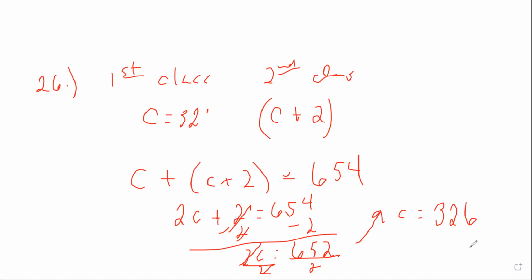If my first classroom is 326, I add 2 to that number to get to the second classroom, which is 328. So there are my two classroom numbers. We've already done the part of setting up C and C plus 2; we're just taking it a step further now and learning how to solve with that.